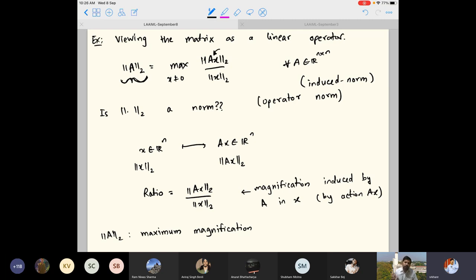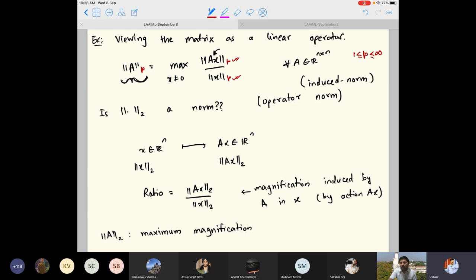But the thing is, you remember this matrix norm, the induced norm. Now I can change this to any number I like between 1 and infinity. So I can write p for any p between 1 and infinity, and it will still be a norm, because it is the vector p norm that you have here.